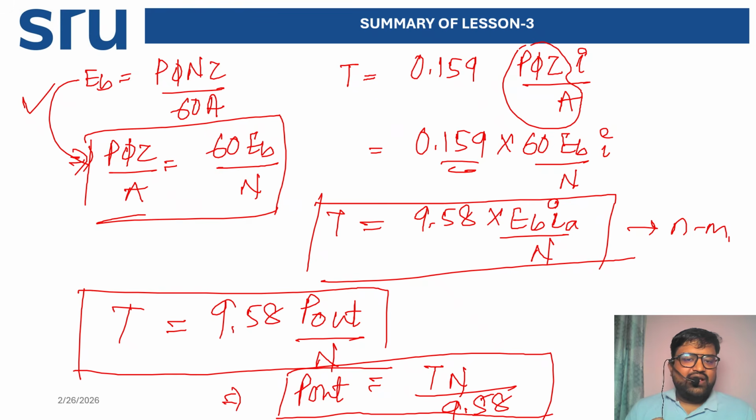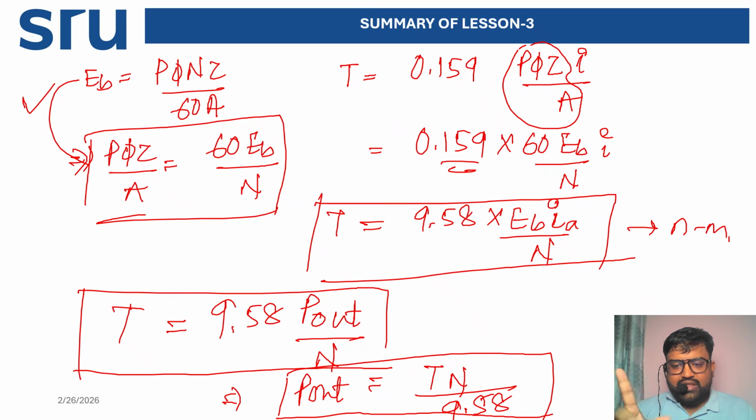When we discuss the characteristics of a DC motor, two characteristics will come. One is electrical characteristics, another is mechanical characteristics. Electrical characteristics are speed versus current, and torque versus current, also electrical, because you are supplying the current as well as the torque is produced.